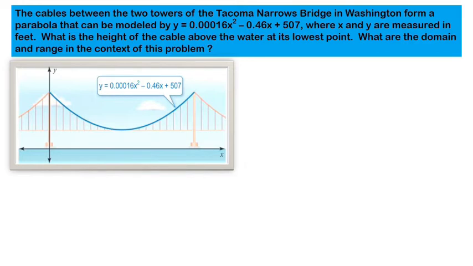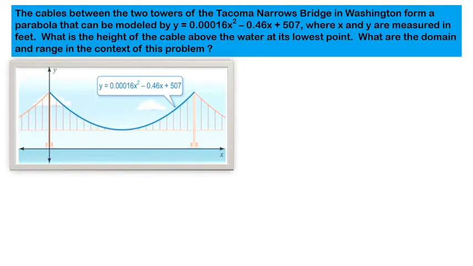What is the height of the cable above the water at its lowest point? What are the domain and range in the context of this problem? First, we need to identify what our A value, our B value, and our C value are by looking at the equation.